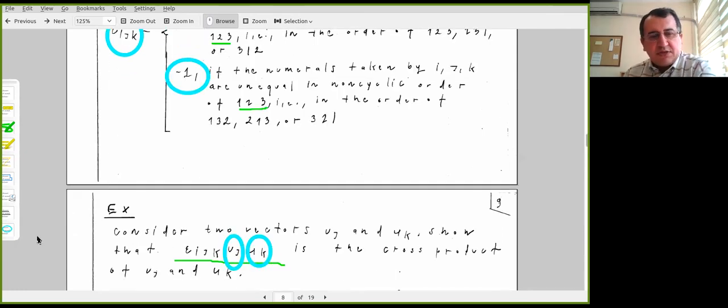Now, the question is, how many entries do we have in this definition? Again, this is a question for you. How many entries do we have in epsilon ijk uj vk? There are dummy indices here, right?